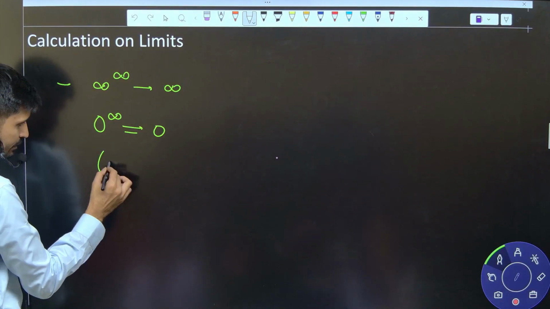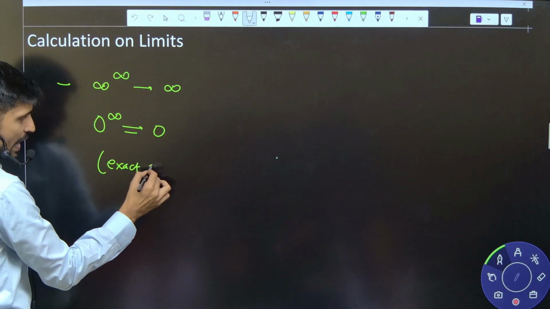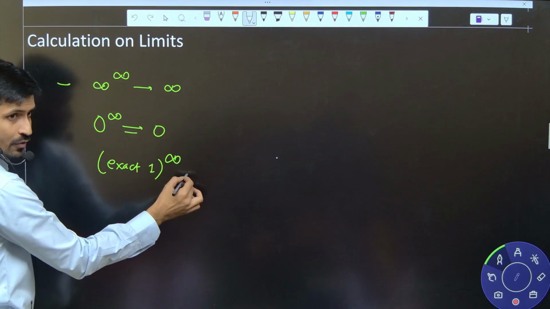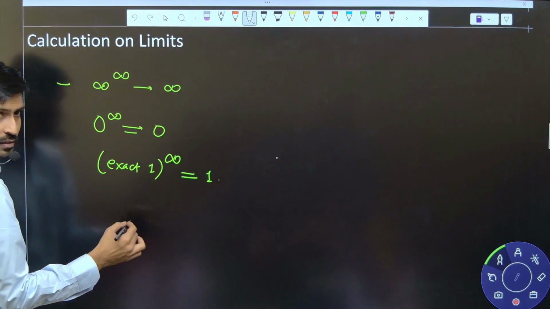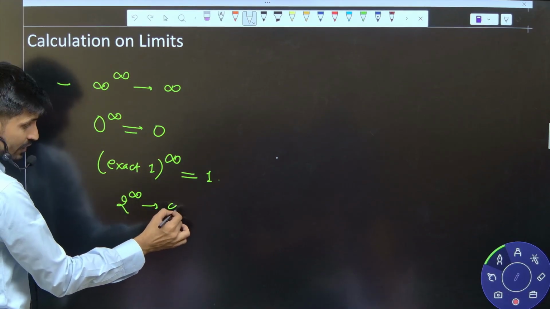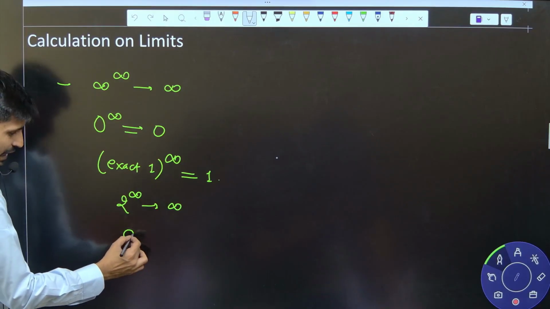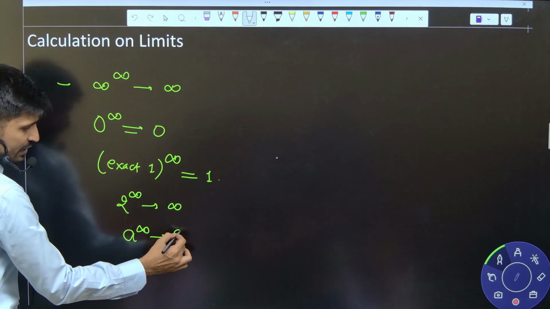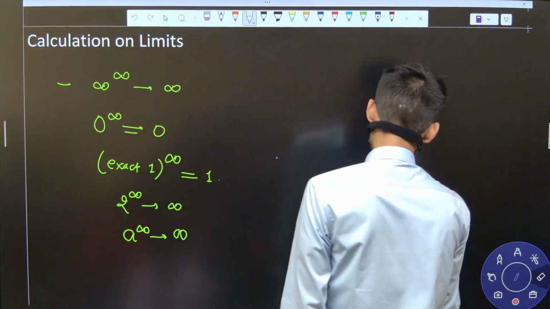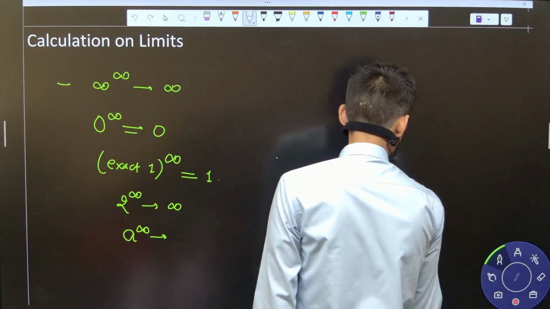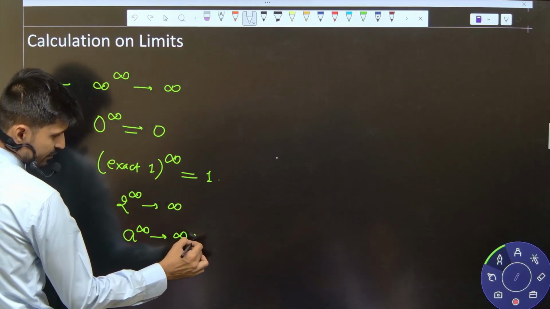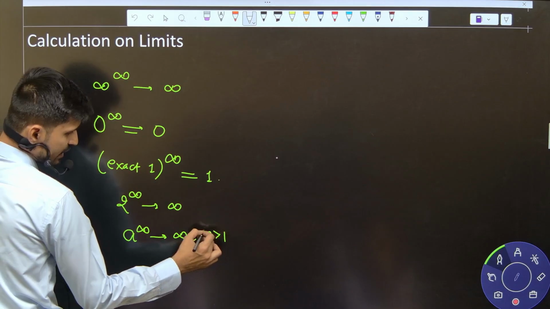Now say this. Exact 1 raised to infinity will be 1. But when you write 2 raised to infinity, that will be infinity. It means a raised to infinity will be infinity. What is the condition for this? a is greater than 1.